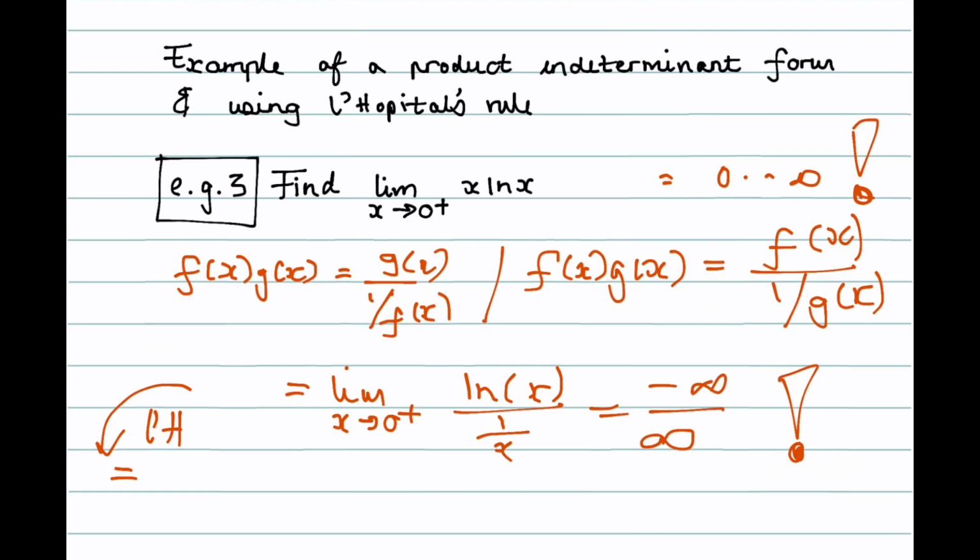And find that this limit will be equal to the limit as x goes to 0 from the positive side of 1 over x, differentiating ln x, over minus 1 over x squared.